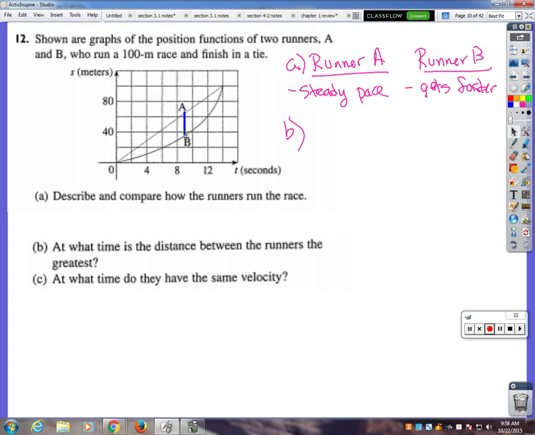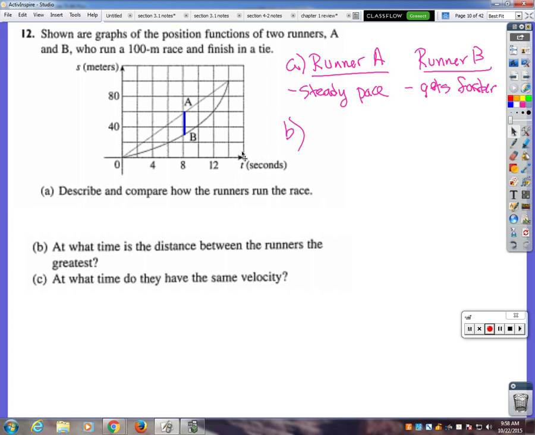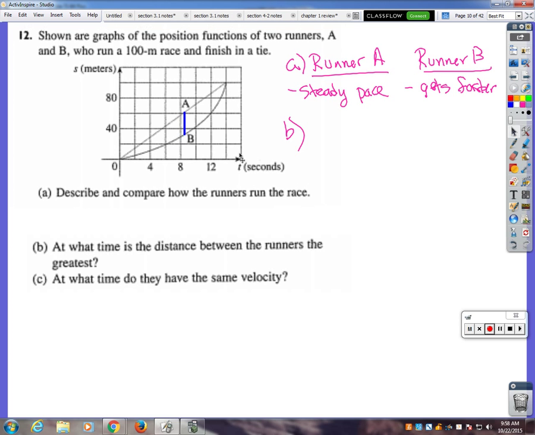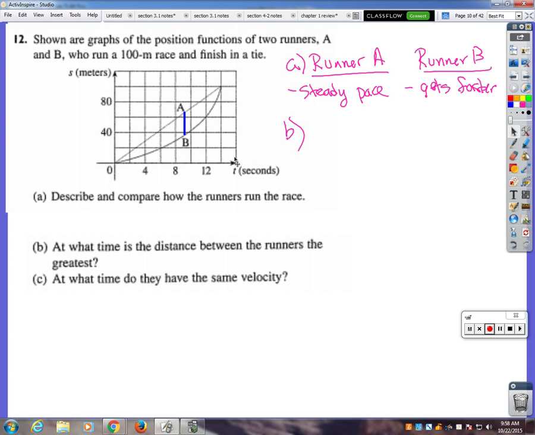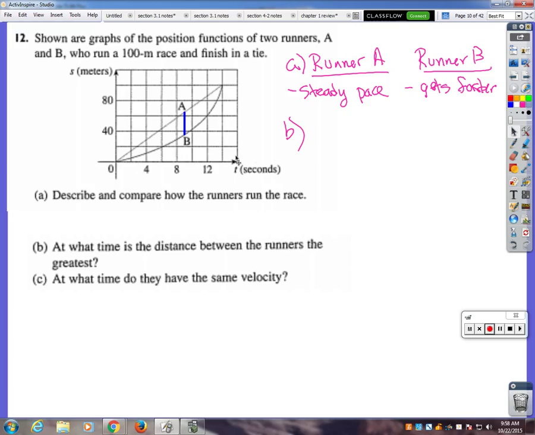Yes, and then it's getting smaller there. Okay, we'll take it. Yep, 9. So at t equals 9 seconds, the distance between those two graphs is the largest.